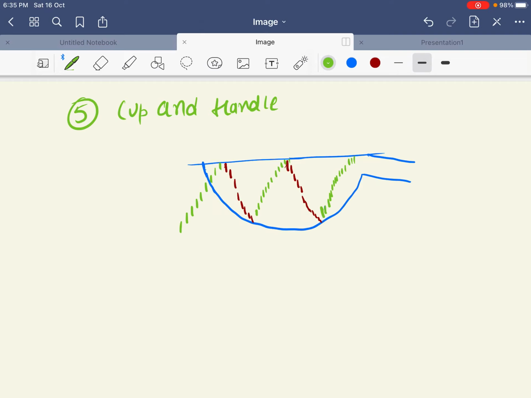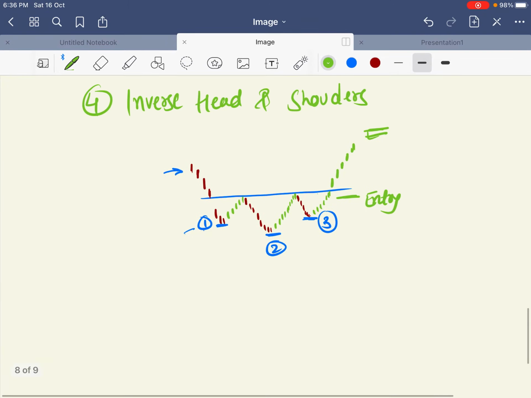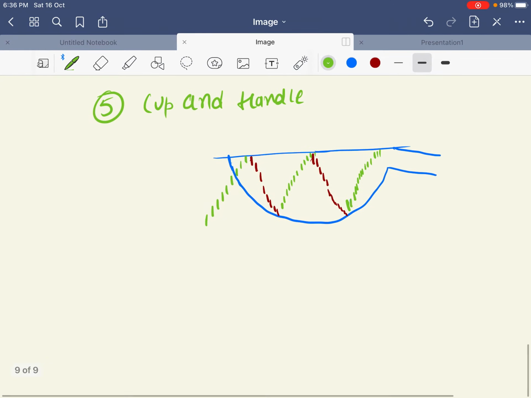So as you can see, this is the same as a double top or double bottom, but the addition of the handle is a very important part here. So after this, it trades generally like this, and then this, then this, and like this.